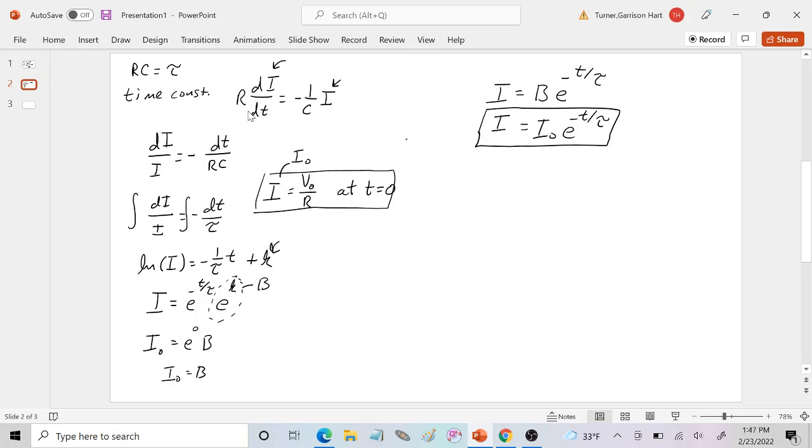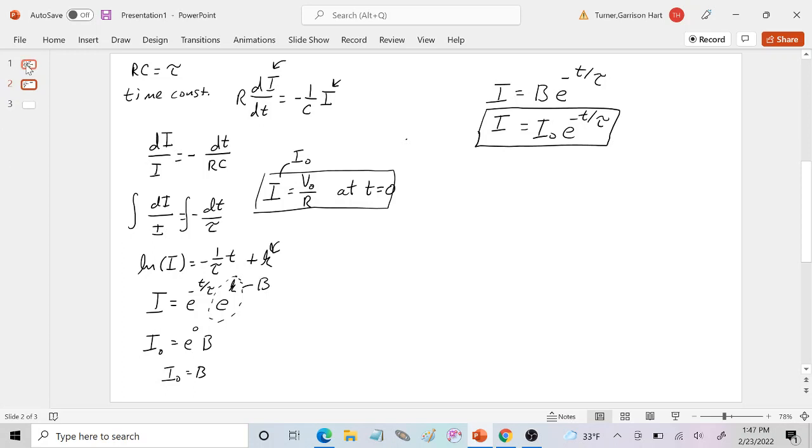And what's happening here is that as charge gathers on the plates, there is a stronger potential across the capacitor, and that diminishes the potential across the resistor, and that causes the total amount of charge that can flow through the resistor to diminish. So here we've got an exponentially decaying current.